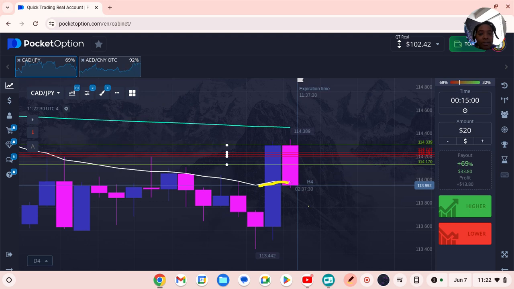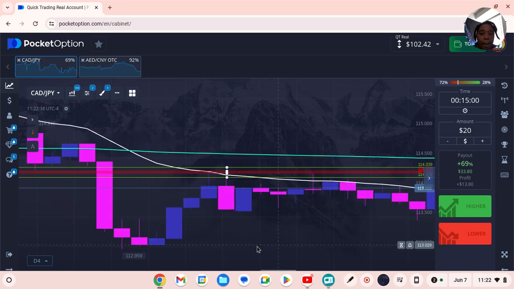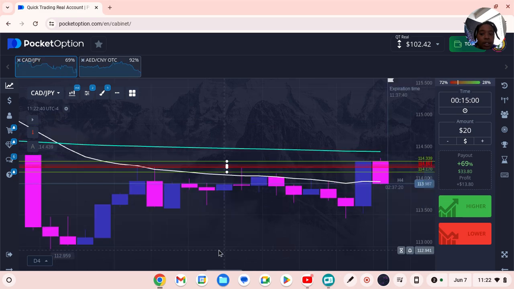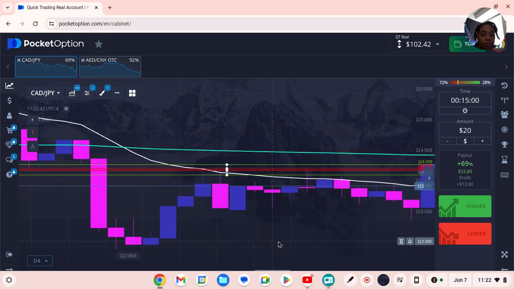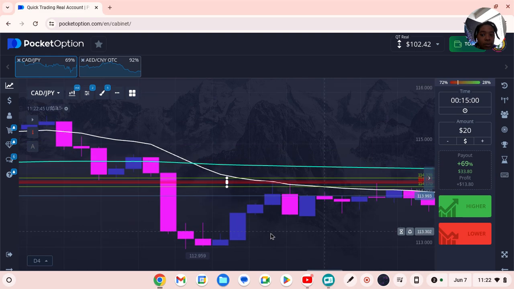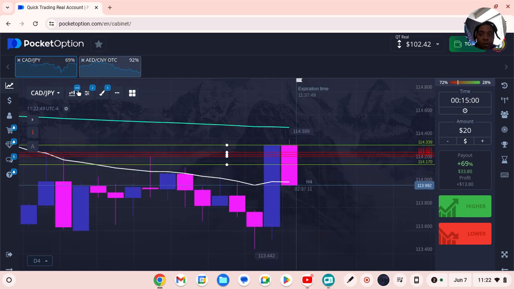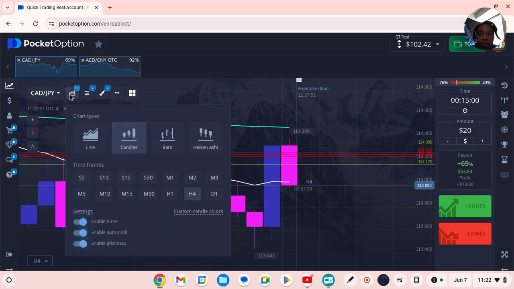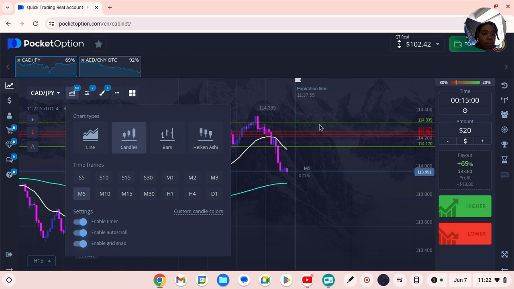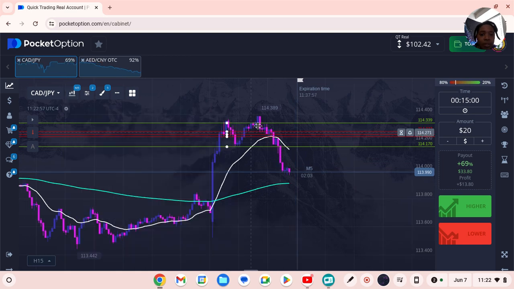But that's not going to be the case, because the overall trend is a downtrend, and it literally shows that. So we go back to the M5. I'm just doing 15 minute trades today, which has actually been working really well for me.